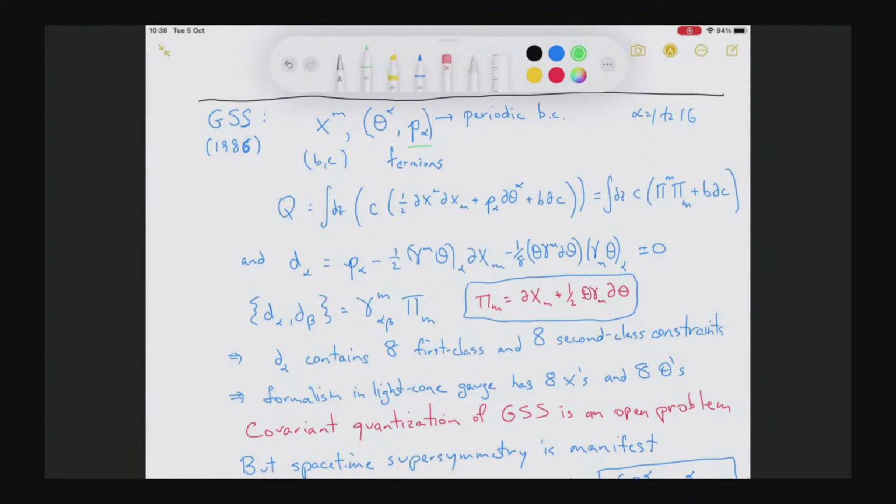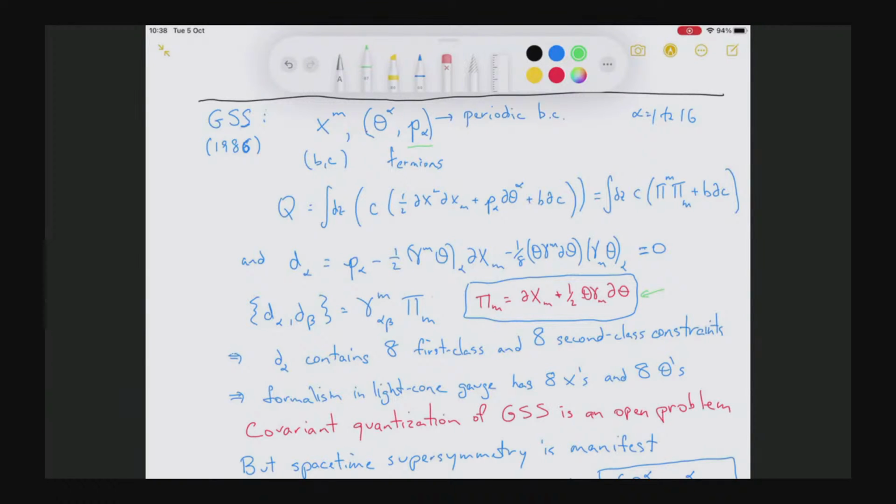And Green-Schwarz weren't able to covariantly quantize, but of course you can introduce a BC ghost if you want. The BRST operator that one can construct is constructed essentially from the x's and thetas. You can construct this space-time supersymmetric form of x and theta, which is invariant under the space-time supersymmetry.